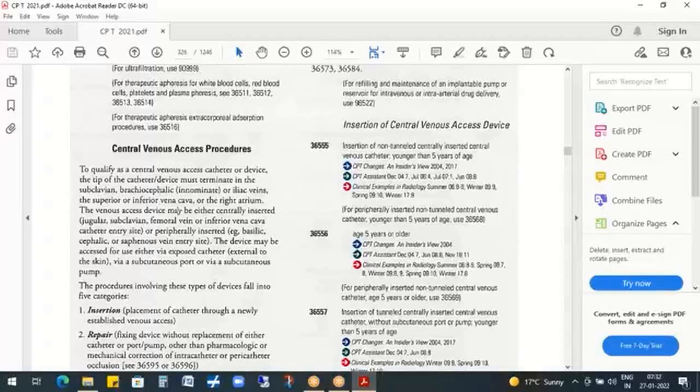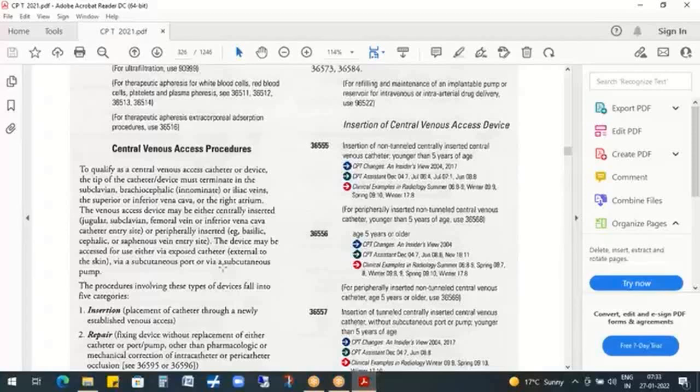To qualify as a central venous access catheter or device, the tip of the catheter or device must terminate in the subclavian, brachiocephalic, or innominate or iliac vein, superior or inferior vena cava, or the right atrium. The venous access device may be either centrally inserted or peripherally inserted. If it is peripherally inserted, it terminates in the basilic, cephalic, or saphenous vein. Understood?